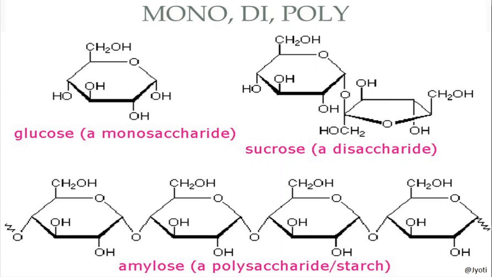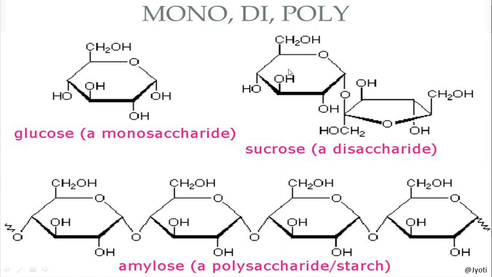Now we will see the structure of mono, di and polysaccharides. Here you can see only one sugar molecule is present. This is glucose, it is a monosaccharide. Similarly, here you can see one glucose and one fructose are attached.